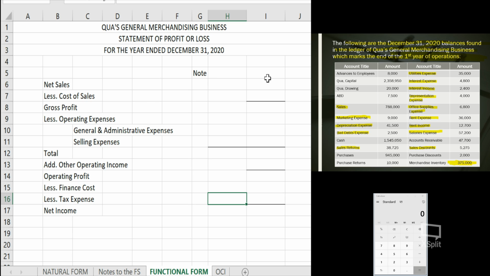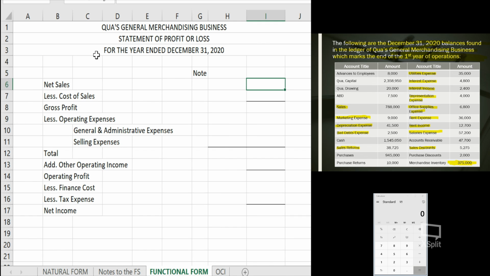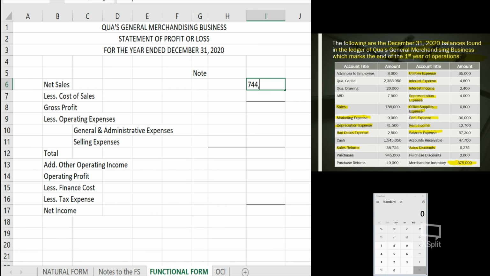So, we simply have to get the amounts ng nandito. Okay, so yung net sales natin, I think na-compute na natin yan. Okay, so gamitin na lang din natin yung notes na ginamit natin kanina. Okay, so net sales here, kano nga ulit yun? 744,000.